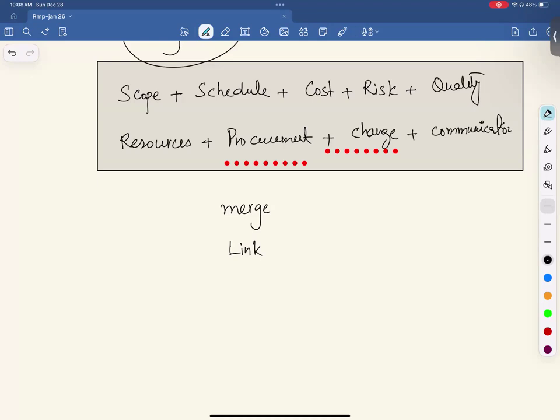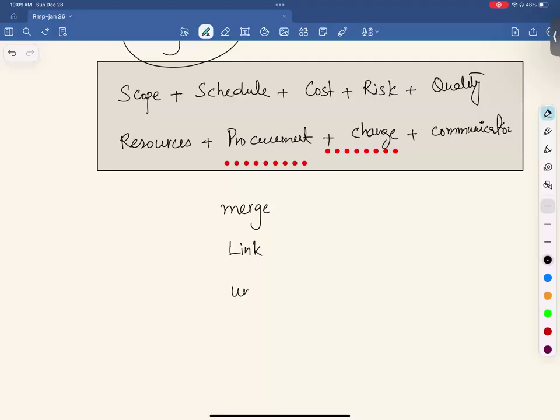Now, this dependency management is done by the project manager. The project manager makes sure that Rifat is taking input from other areas on which his work is dependent. For example, he's taking risk into consideration when developing the schedule. He's taking resources into consideration, he's taking cost into consideration, and all of these things, right? So this is called integration, making sure that all these things are interrelated and the right input is being provided to the relevant component.